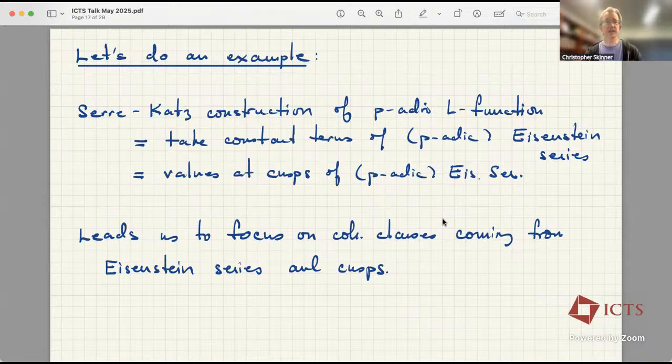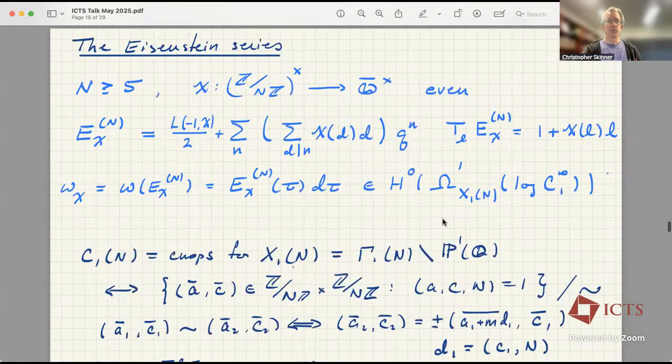So we can think of this as just taking the values at the cusps of p-adic Eisenstein series. If you want to think of it as an integral representation, it's a very simple integral representation. We're integrating over a point. But this leads us to focus on cohomology classes that come from Eisenstein series and cusps. So let me describe this more explicitly.